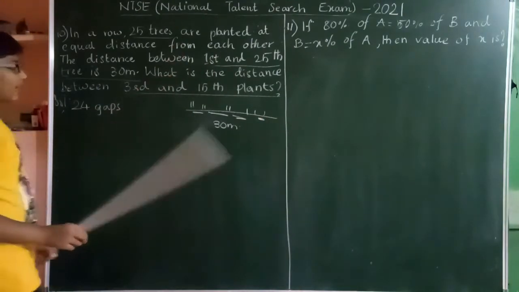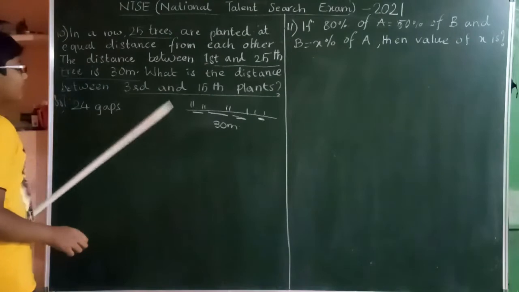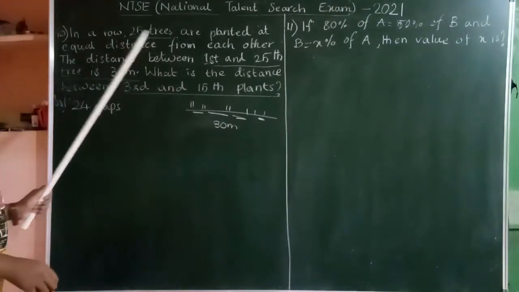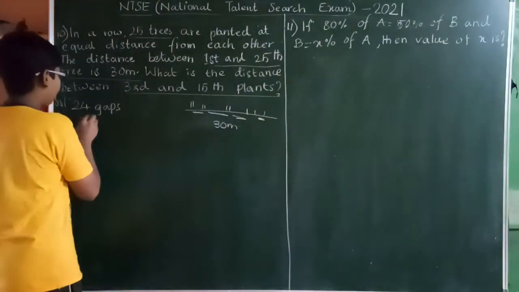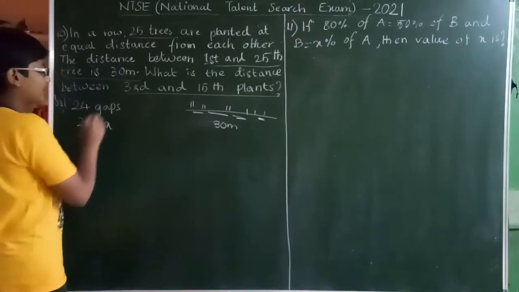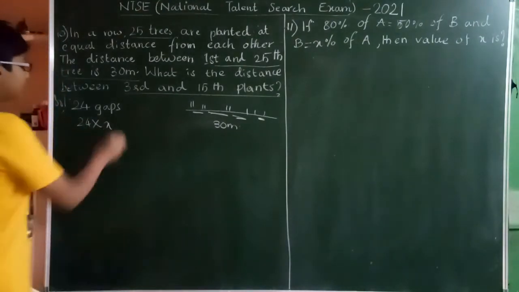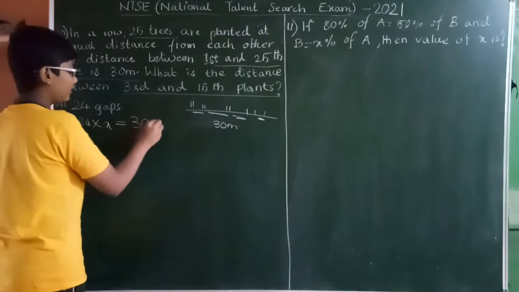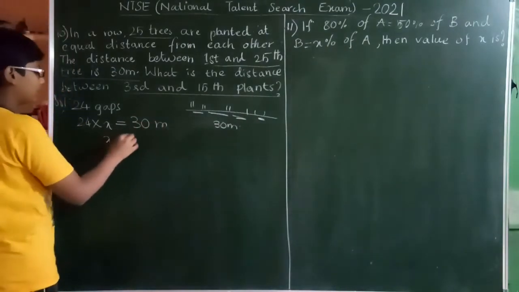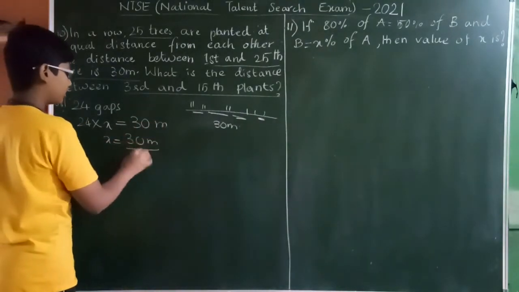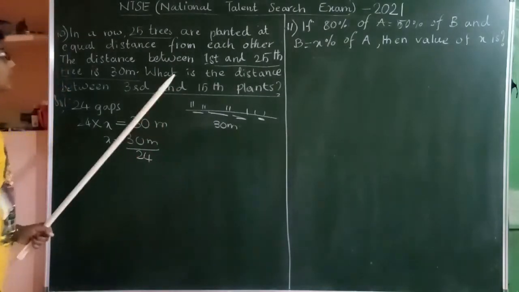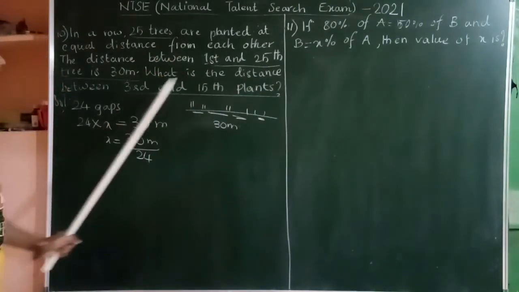So 24 gaps will be there, and we should first find the equal distance. So 24 into the equal distance. Let the equal distance be x, so 24x is equal to 30 meters. x will be 30 meters by 24. Then what is the distance between the third and 15th plant?